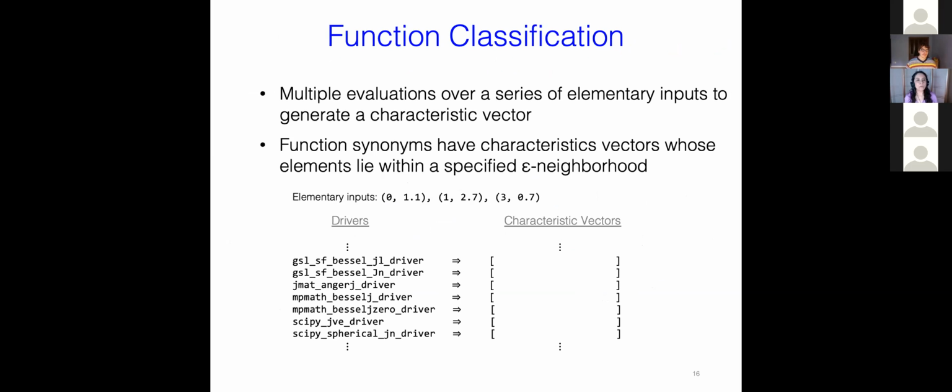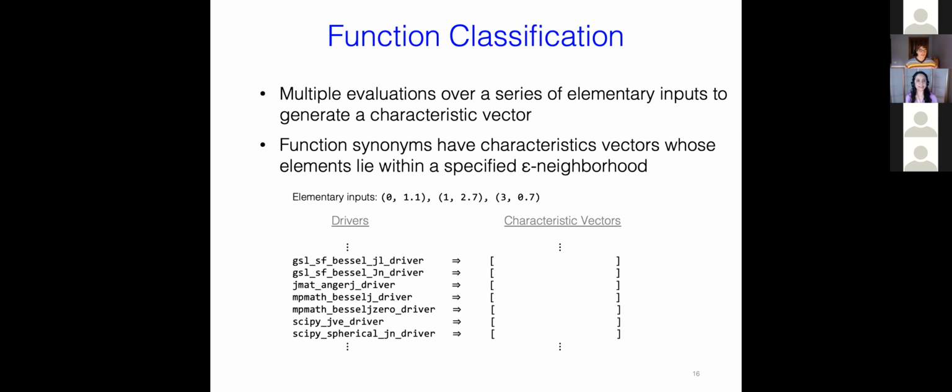The way we do it is that we evaluate these functions. This is test-based. We evaluate the functions over a series of elementary inputs to generate a characteristic vector. Here, elementary inputs are designed to result in well-defined behavior. And function synonyms that have characteristic vectors whose elements lie within a given error threshold are considered to belong to the same equivalence class.